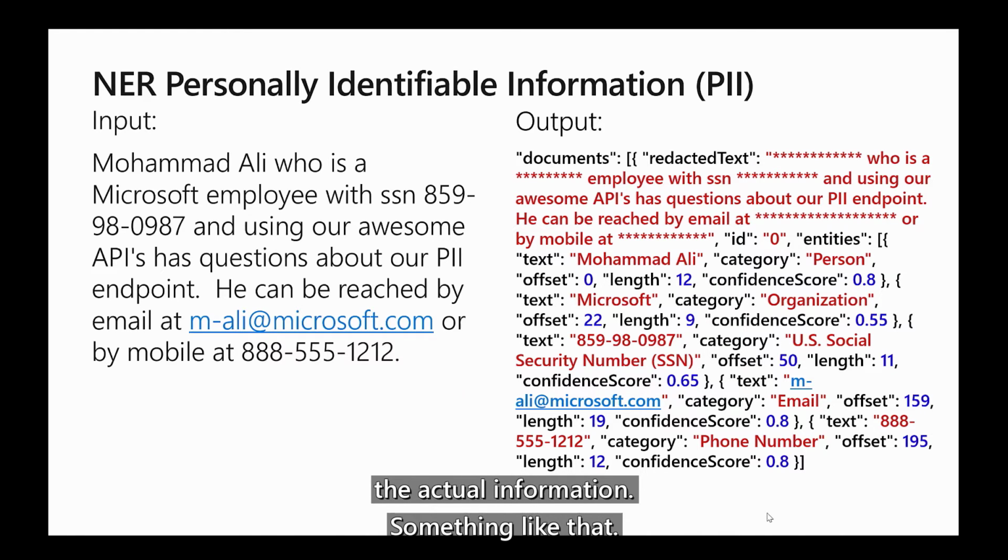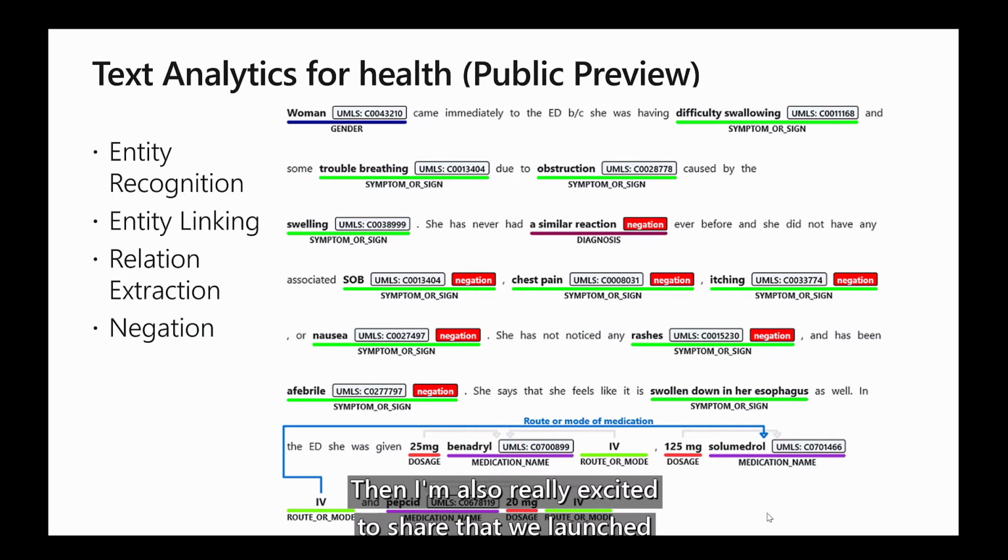Something like that. Then I'm also very excited to share that we launched our new capability for text analytics for health in public preview this year. Earlier, around the June timeframe of 2020, we launched text analytics for health in containers.